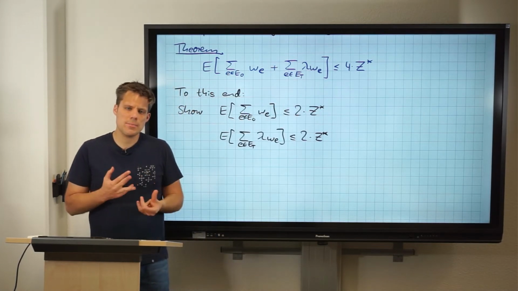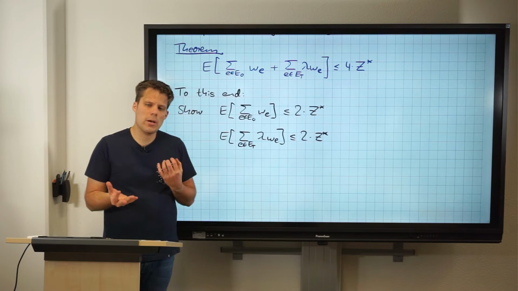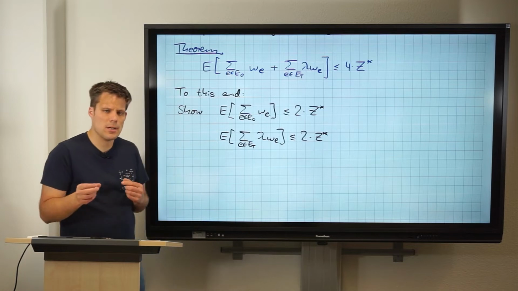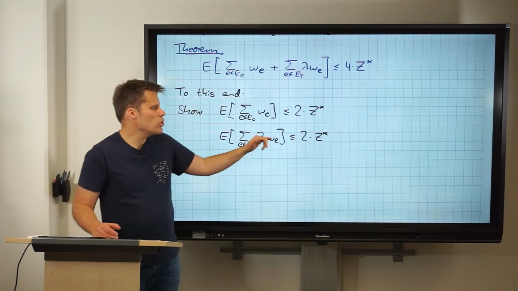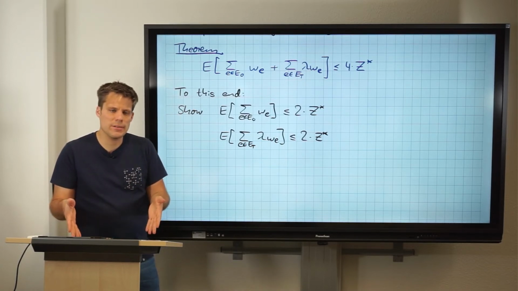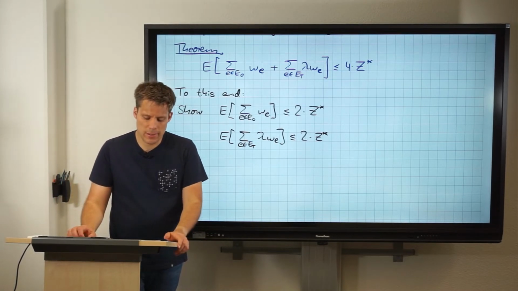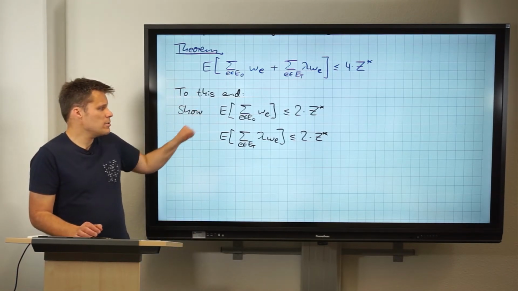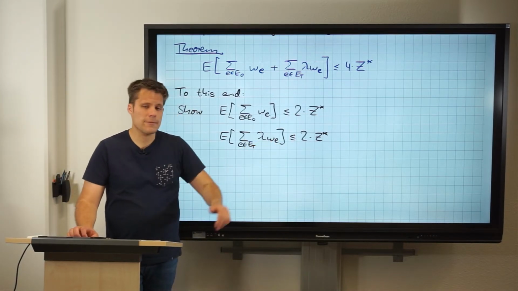One thing that strikes me as important here is that whereas in the set cover we were comparing the first stage cost to the optimal first stage cost, the second stage cost to the optimal second stage cost, this is not what we're doing here. We're comparing what we're getting in the first stage to a constant factor times the cost of the overall optimal policy, and also what we're doing in the second stage to the overall optimal policy. And this is exactly what we want to do now. We'll first talk about the first stage, and then we'll talk about the second stage, and in both cases we'll show this factor 2.